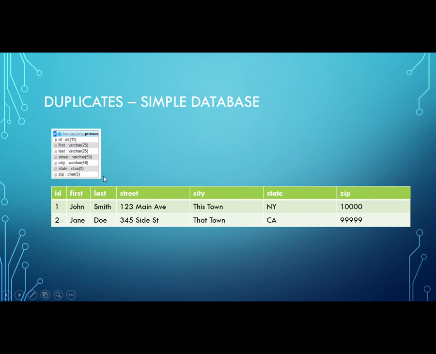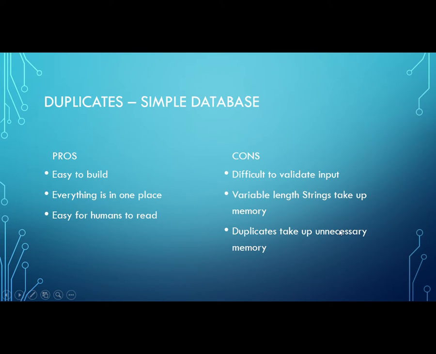In this case, 2 of these that we'll be fixing are variable length, and these 2 here are fixed length fields, but still, fixed lengths are difficult to compare, not so much as variable length, but it's still easier to compare numbers in most instances. And then of course, duplicates take up a lot of unnecessary memory.